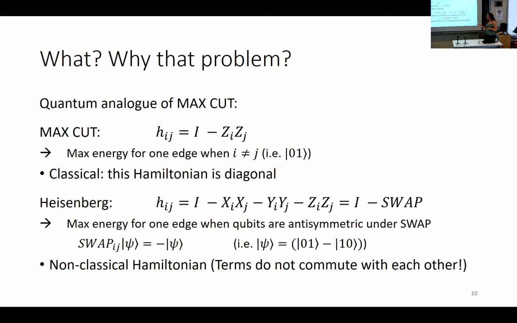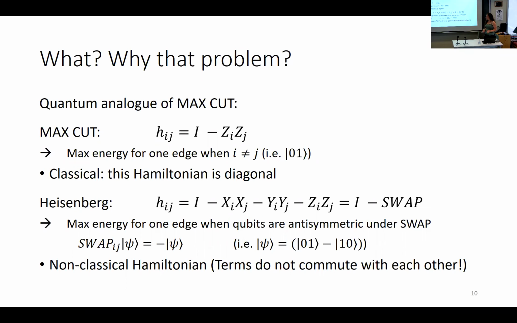In the Heisenberg model, this is equivalent to I minus swap. And so the maximum energy for one edge is when you put a singlet state on that edge. So it's the quantum analog of difference across an edge, where when you swap them, it's antisymmetric. And so this is non-classical because the terms in this Hamiltonian don't commute with each other. And so that's how it's the quantum analog.